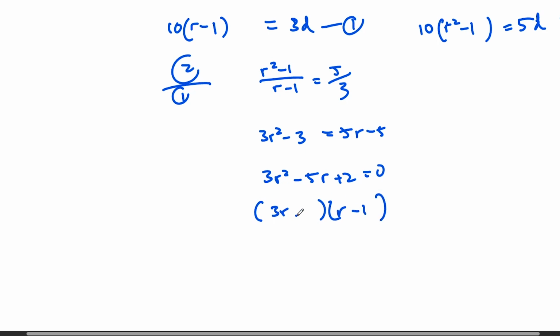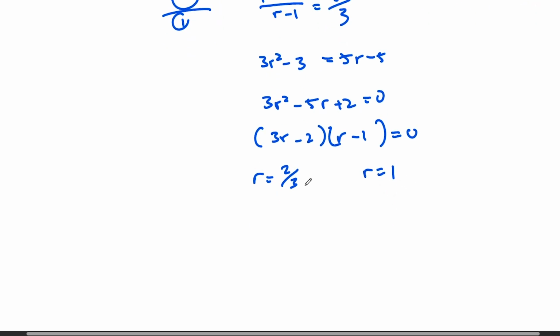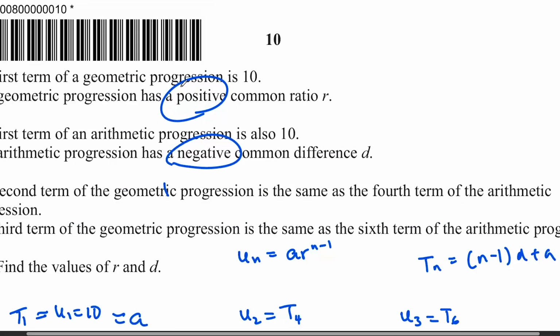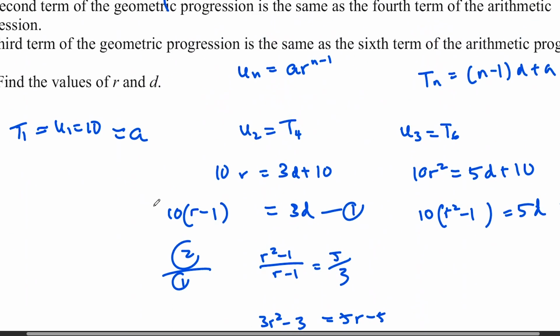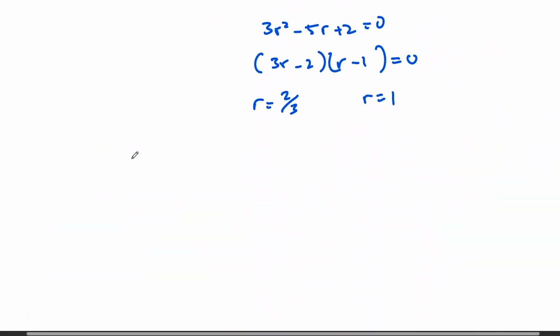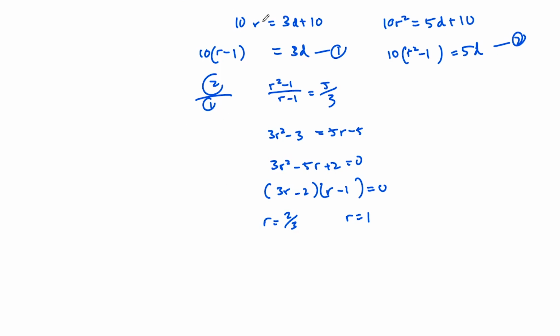So negative 1, negative 2, right? So r will be either this or this. Okay, so I think both of them fit, they're both positive, so we don't know which one to take yet. So I'll just leave them both be.